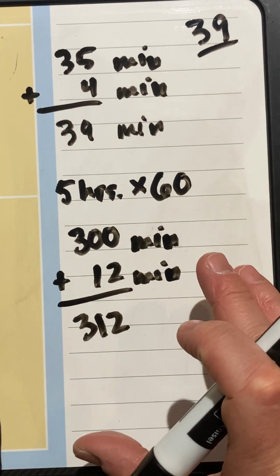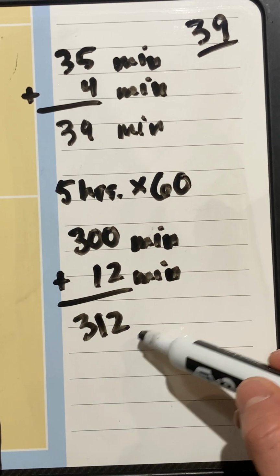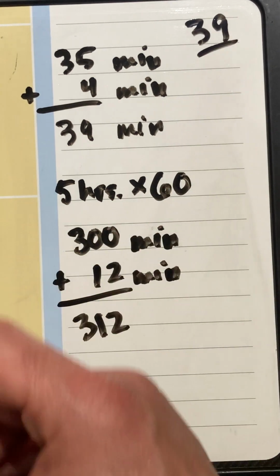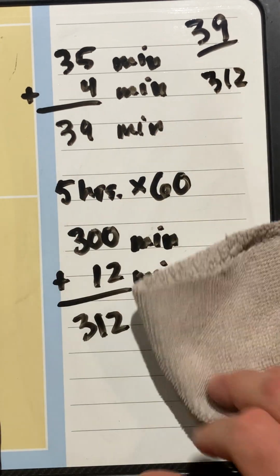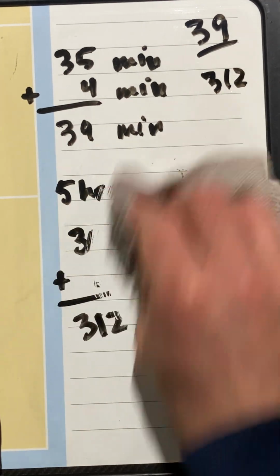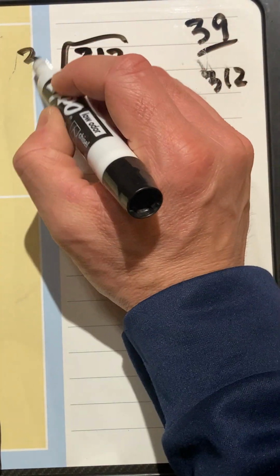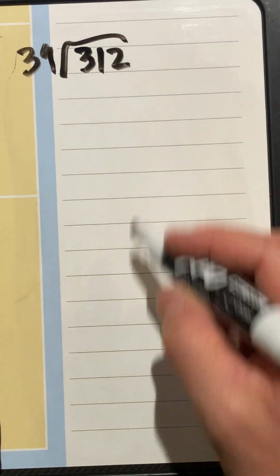So our division problem is going to be 312 divided by 39.